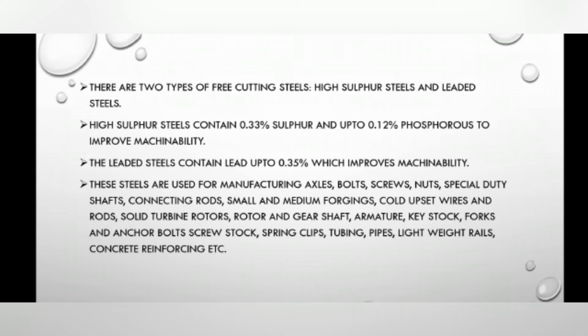These steels are used for manufacturing axles, bolts, screws, nuts, special duty shafts, connecting rods, small and medium forgings, cold upset wires and rods, solid turbine rotors and gear shafts, armatures, keystrokes, forks and hanger ball screw stocks, spring clips, turbine, pipe, lightweight rails, concrete reinforcement, etc.